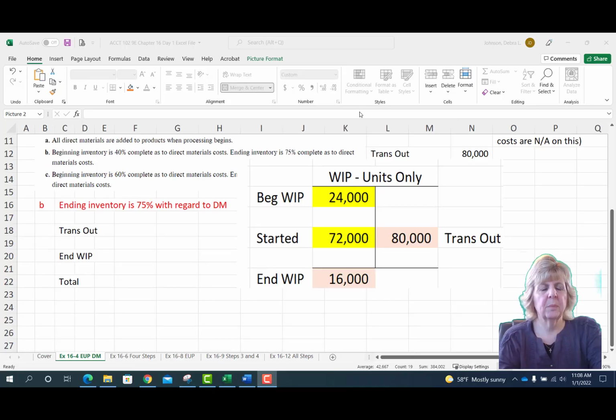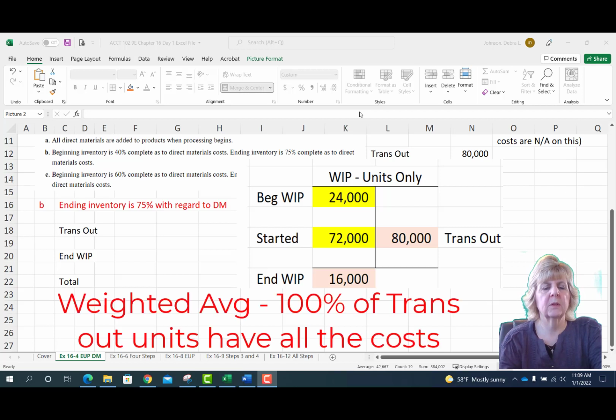Proceeding on with letter B, when we used weighted average costing, which is the only thing that you're responsible for in this chapter, we already mentioned the fact that 100% of the units transferred out would be assumed to have received materials and conversion costs.